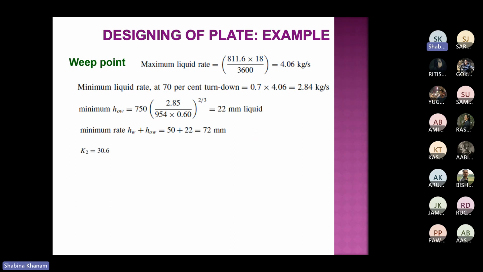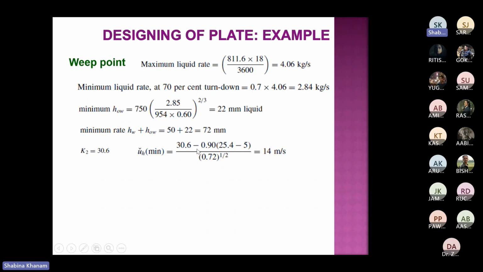This is required to find out the vapor velocity at which flooding will occur. Sorry, at which weeping will occur. Okay. And in yesterday's class also we discussed that the upper limit of vapor velocity should be decided based on the flooding condition, and the lower limit should be decided based on the weeping condition.